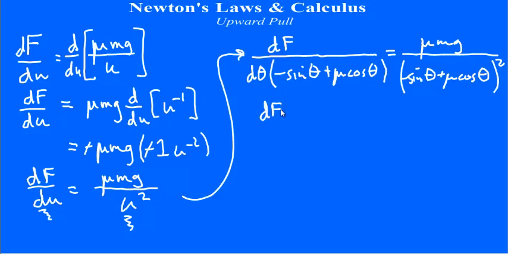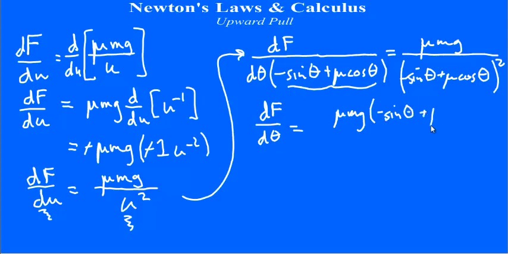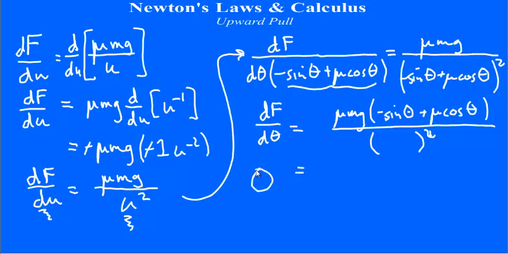So here's the derivative we're after, which is df d theta. And then I'm just going to take this denominator and move it up to the top, like so. After I do that, I'm not even going to write out the denominator, because I think you're going to see when we set this equal to 0, for the derivative to be equal to 0, only the numerator has to be equal to 0.